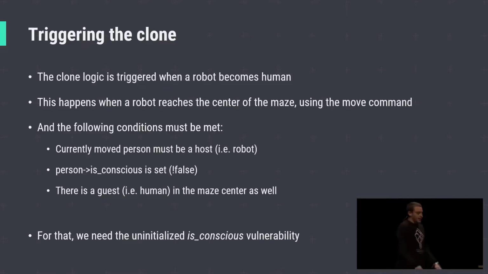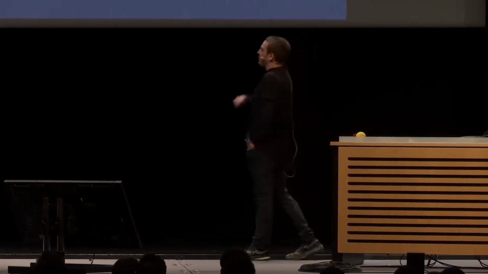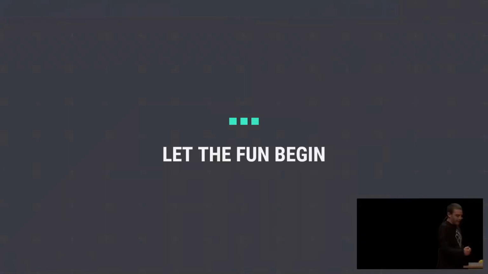One of the preconditions is that the person's is-conscious flag will be set, meaning not false. And we can do that with the first vulnerability, the uninitialized value. So by combining those two vulnerabilities together, we can make the flow that transforms a robot to a human, and we have a dangling pointer from the other shared pointer to a freed chunk in memory. Okay, and now that we are armed with a use after free vulnerability, let the actual fun begin.